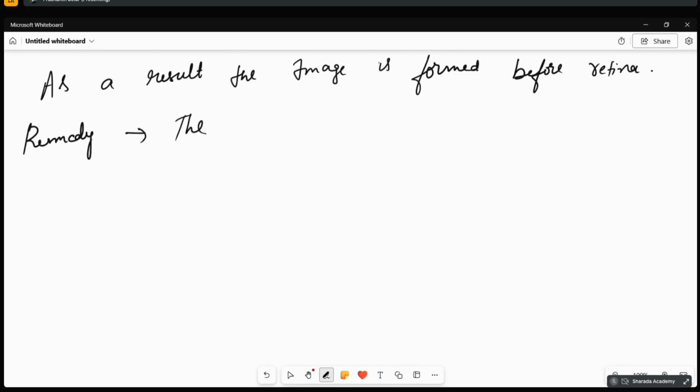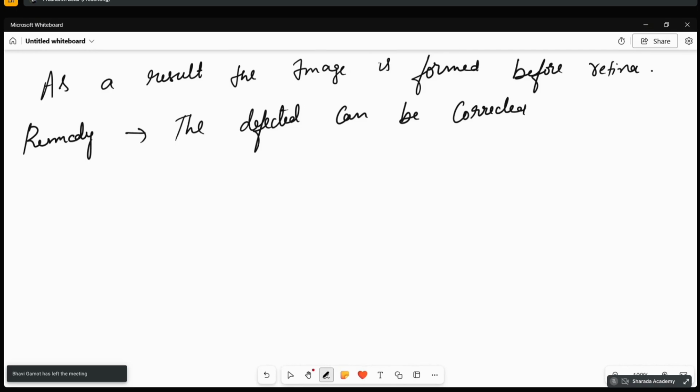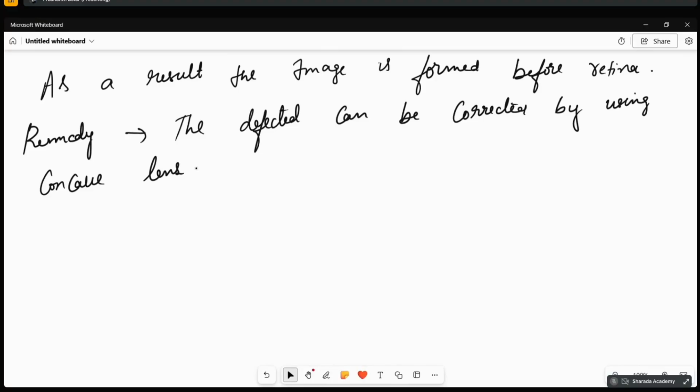The defect can be corrected by using a concave lens. And draw the diagram for that.